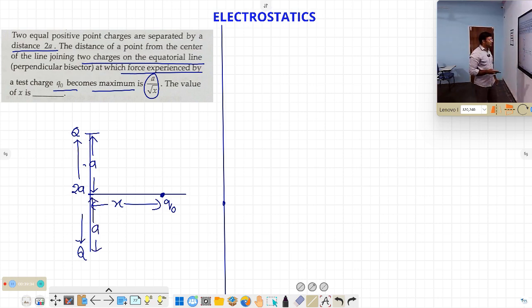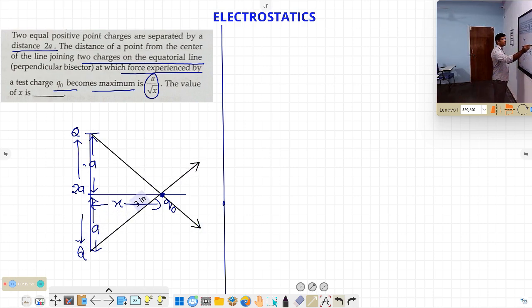To calculate here, first you have to understand what direction the force is going to act. If you observe the force concept, this charge repels this one in this direction, right? Similarly, this positive charge repels this one in this direction, that you know. And both are making a certain angle theta here, because same distance, same angle.